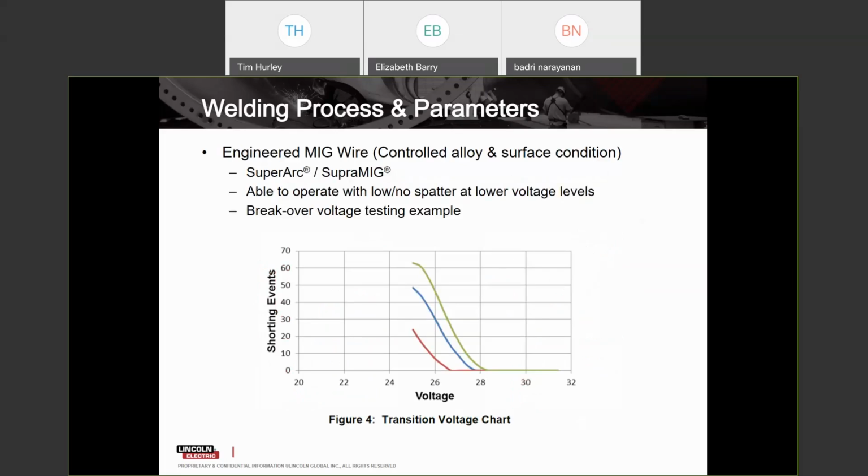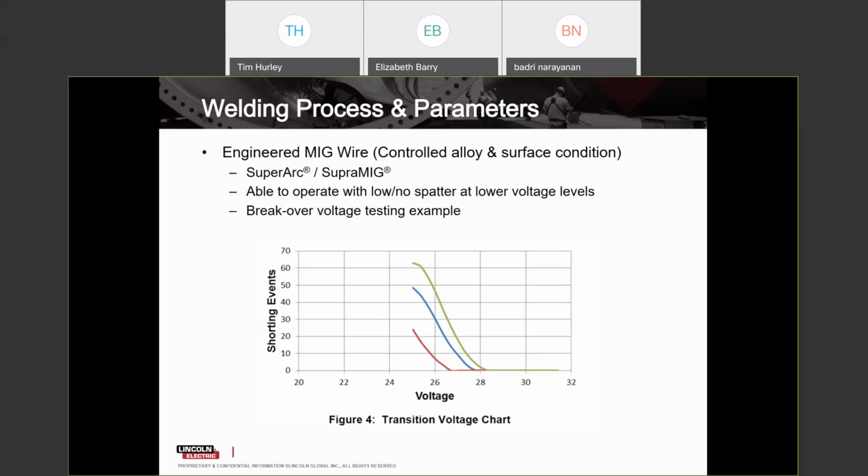One of the other elements, though, that's very important in this low voltage operation is the filler metal itself. So Lincoln makes an engineered, what we would classify as an engineered MIG wire under the Super Arc or Supra MIG names. We manufacture under various names in our locations around the world. What we see here is actually a chart of a test that we would do called breakover voltage.